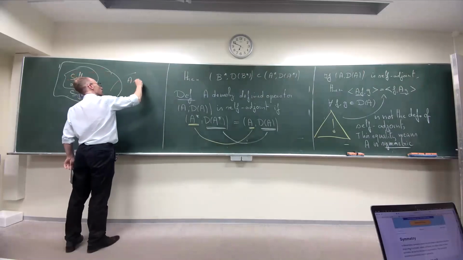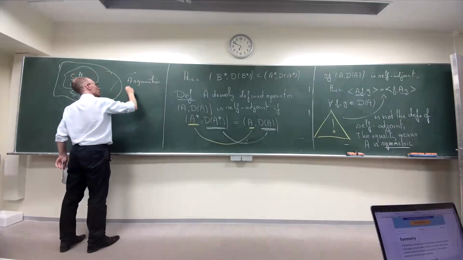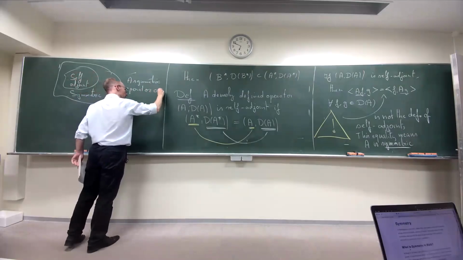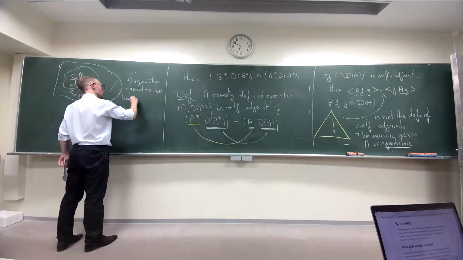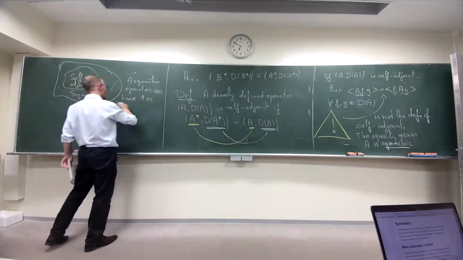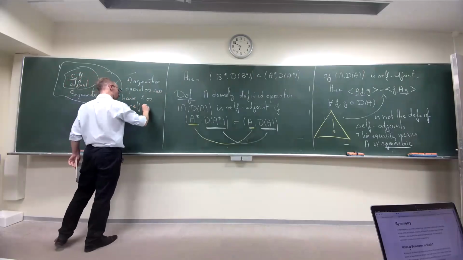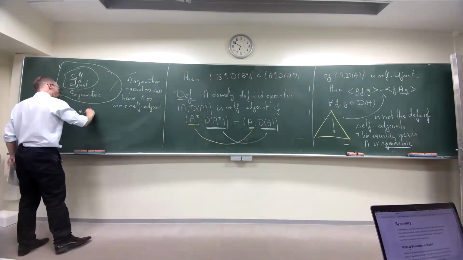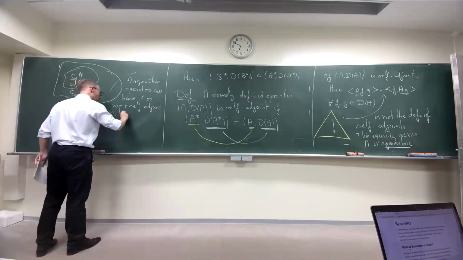A symmetric operator can, but it's not always the case, have one or more self-adjoint extensions. That doesn't have to be the case.